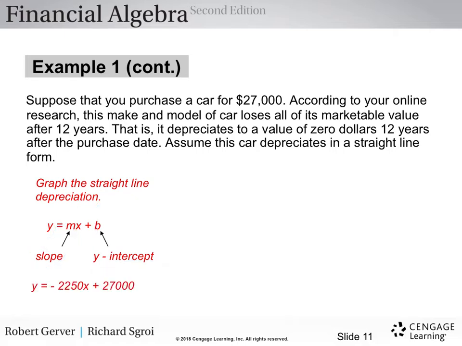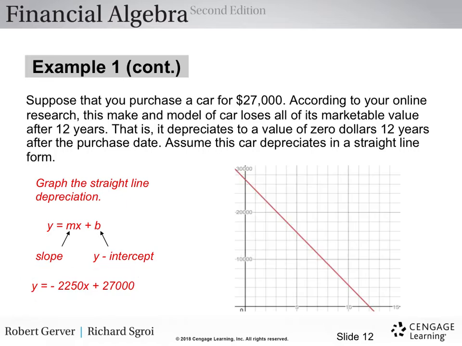So our equation, therefore, becomes y is equal to minus 2,250x, remember that's the slope, plus 27,000, which is the y-intercept. Now, if we were to graph it, it would look like this, starting up here at 27,000, going down to 0 at time 12 years.